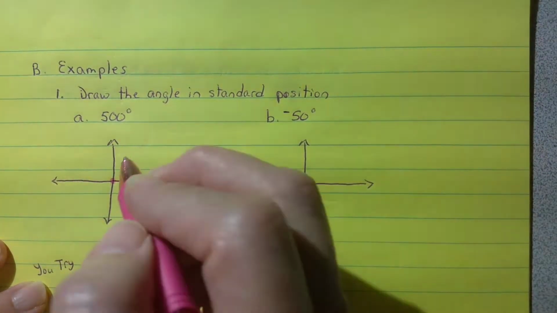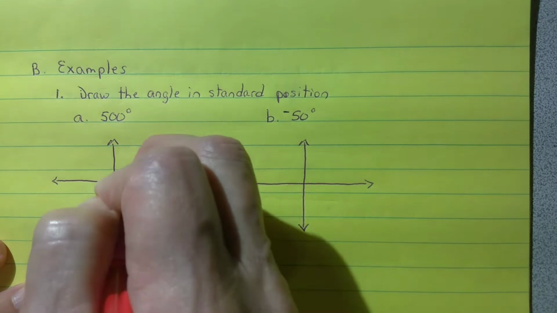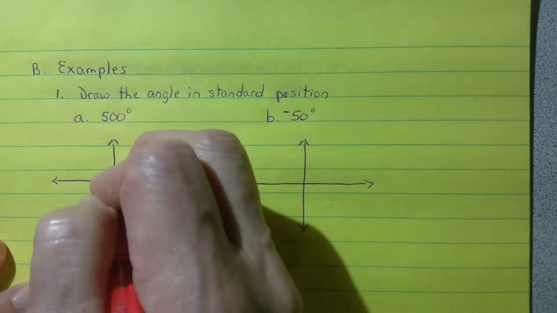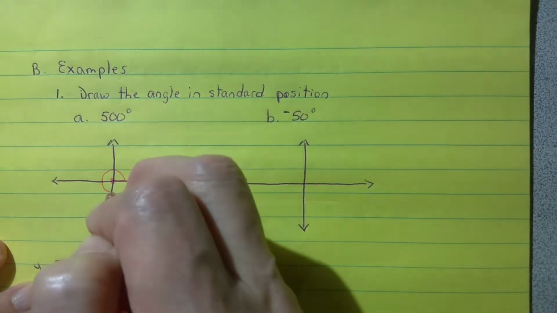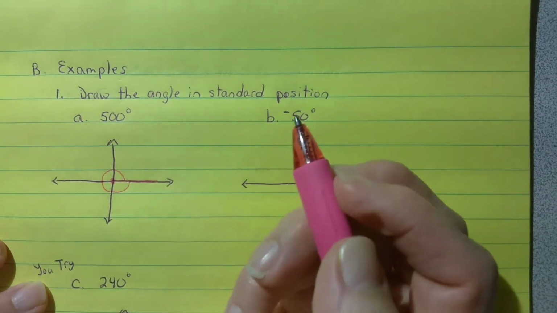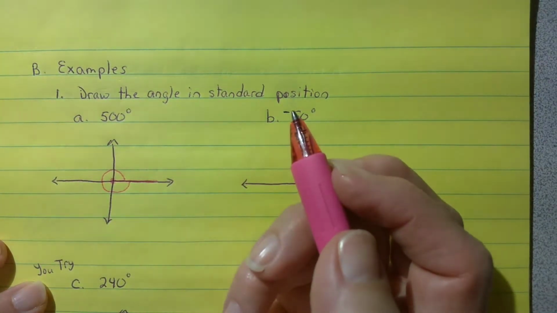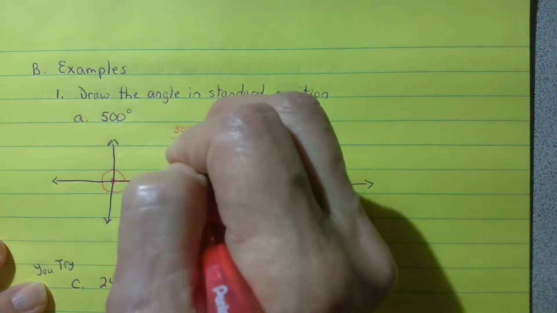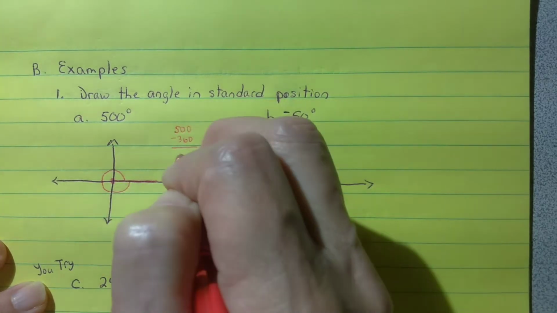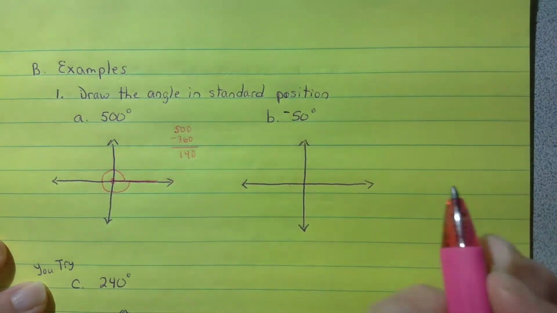500 degrees, that's positive, which means it's going to go up. So there's 90. There's 180. There's 270. And there's 360 that we've used up so far. So we started with 500. And we've gone around one entire circle, which is 360. That leaves us with 140 more.